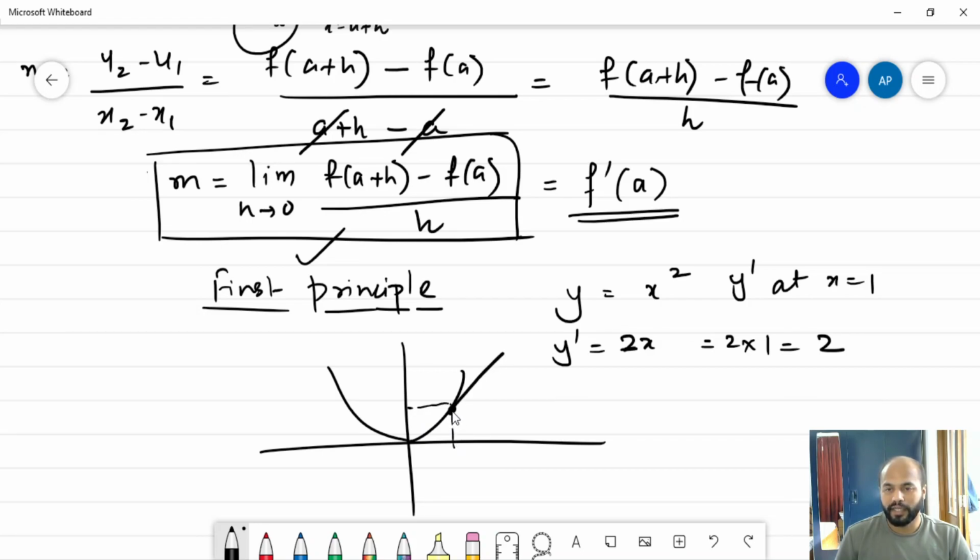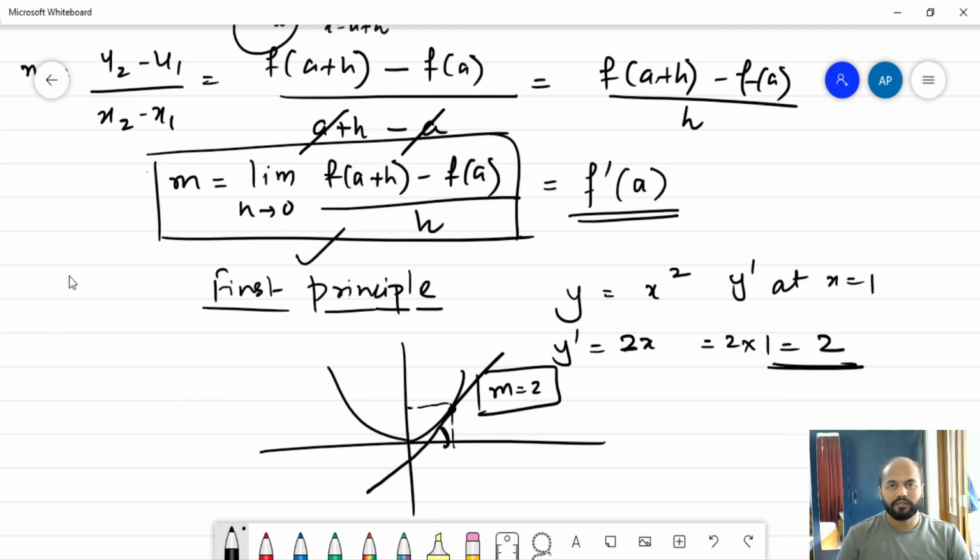Now if I draw a tangent at this particular point, that is at x equals to 1, the slope of this is going to be 2, which we have just found. So basically, by finding the derivative, what we're doing is seeing how y changes with respect to x. That means as x changes, how will y change in response to it? That is what we are judging, and that's called derivative.